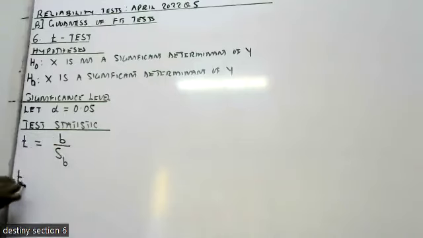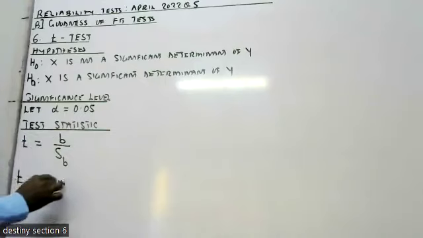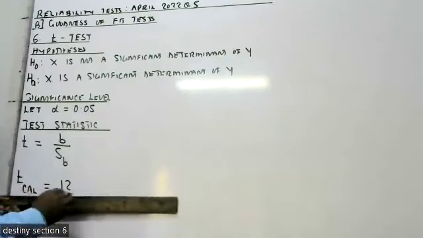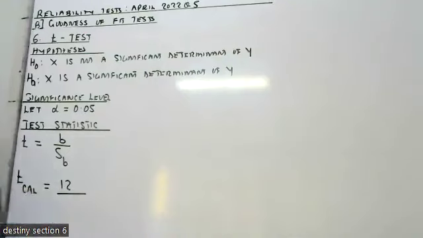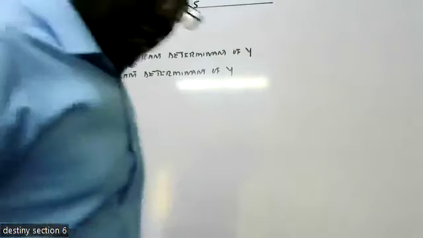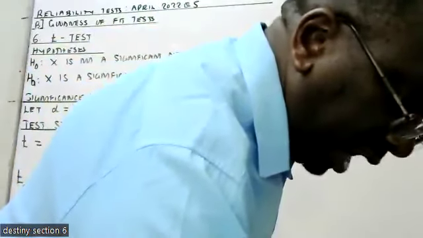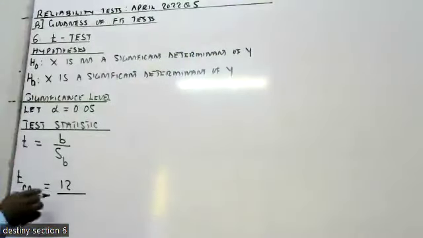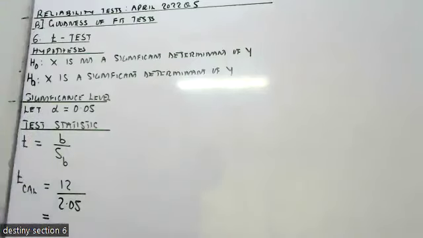So our T calculated will be our slope, which was 12, divided by SB, which we had gotten as 2.05. That gives us 5.85.